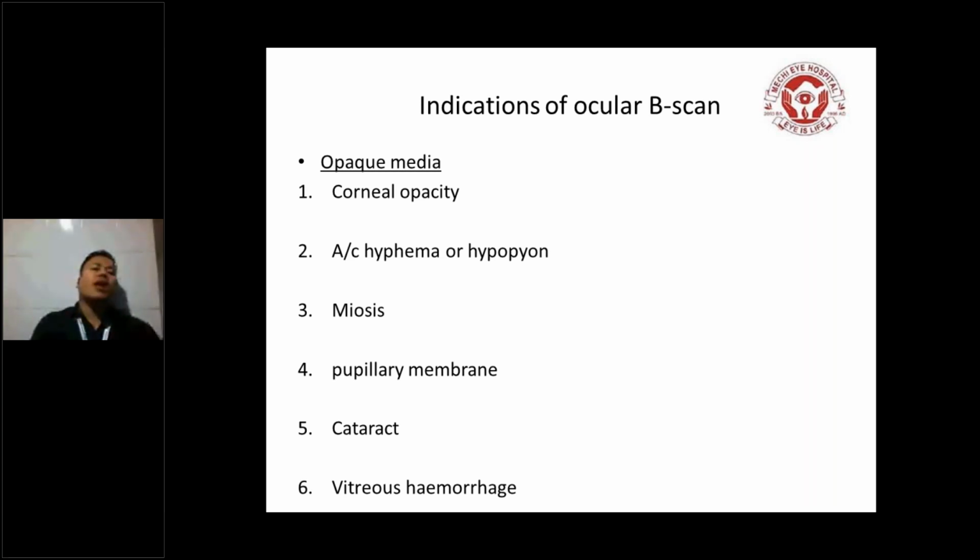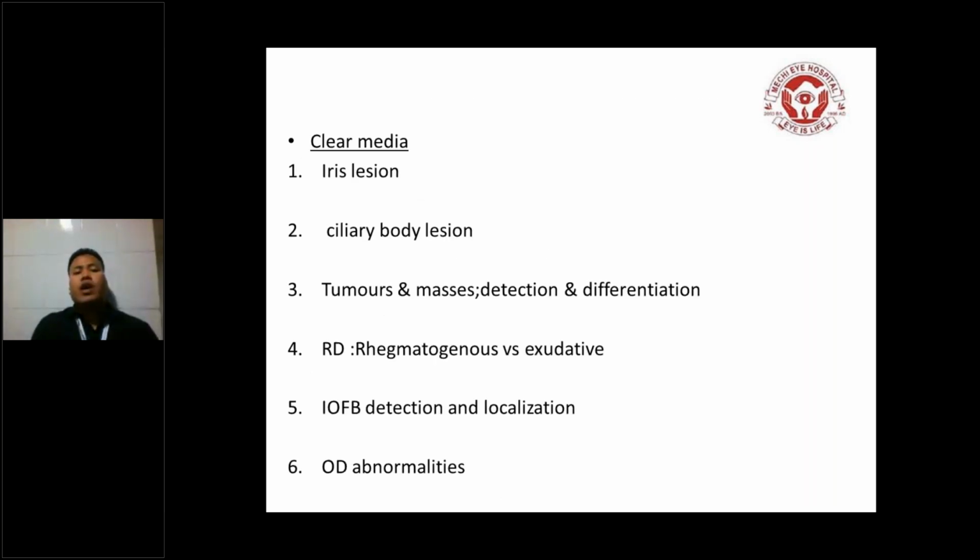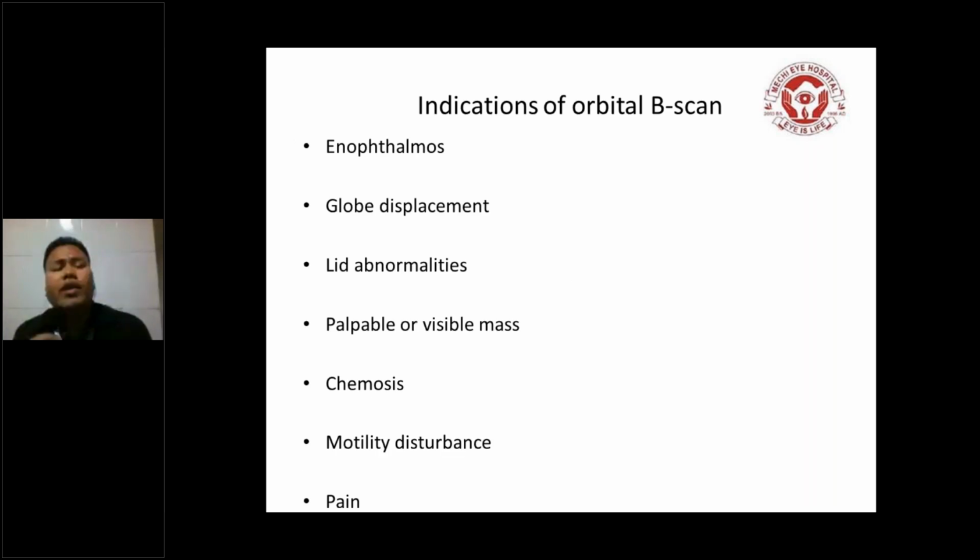In case of clear media, it is indicated in iris lesions, ciliary body lesions, tumors and masses for detection and differentiation, to differentiate different types of RD, intraocular foreign body detection and localization, and optic disc abnormalities.